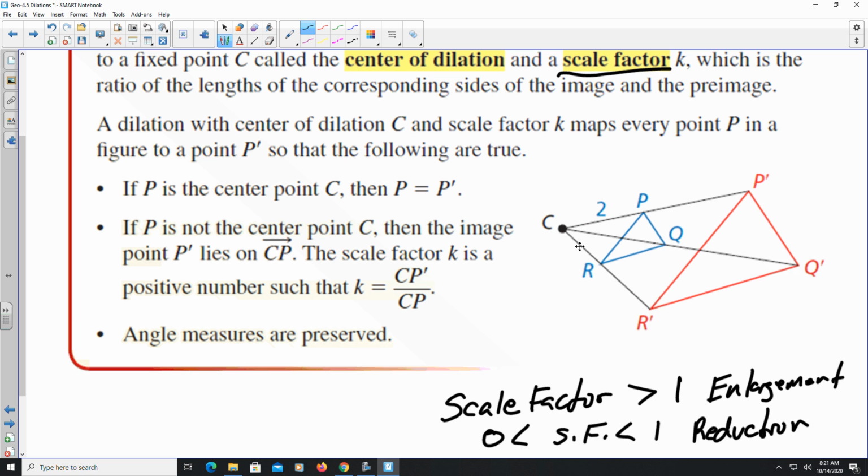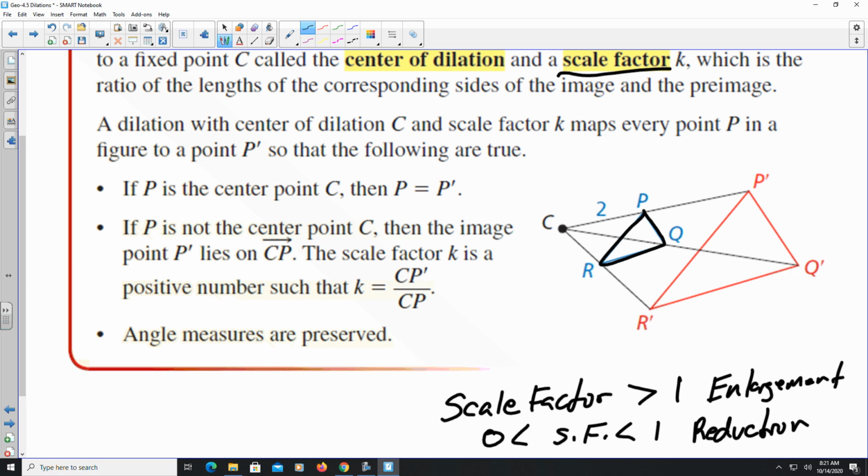Okay. So once you've established what that is, then we can figure out if your figure was an enlargement or reduction. Another way to look at it is this: here I have a triangle PQR, and I have P prime, Q prime, and R prime. The original shape is PQR.